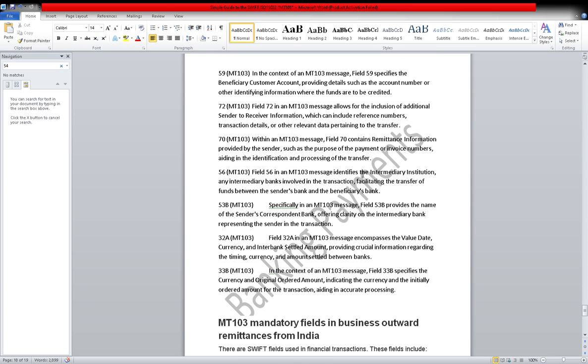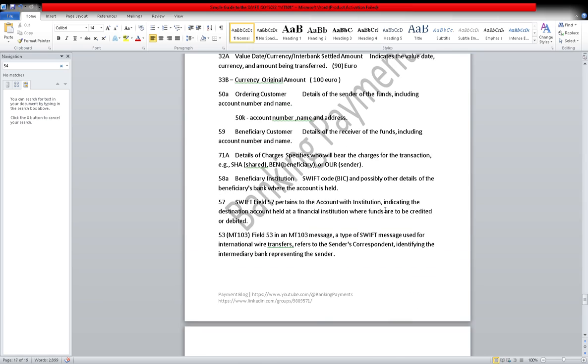Oh, it's not mentioned anywhere. Anyway, this is 53, 54. Is it written somewhere else? I'm just checking if it is written somewhere else as well. Where is 53 and 54?